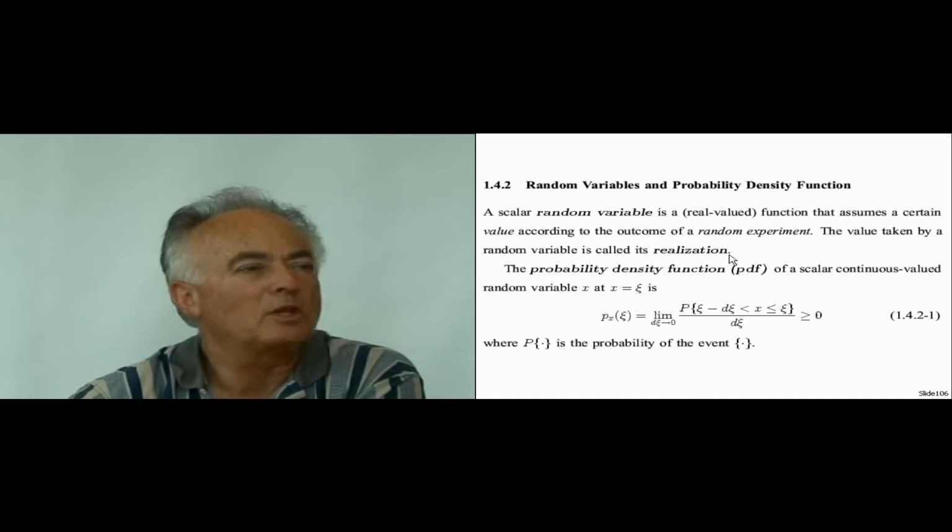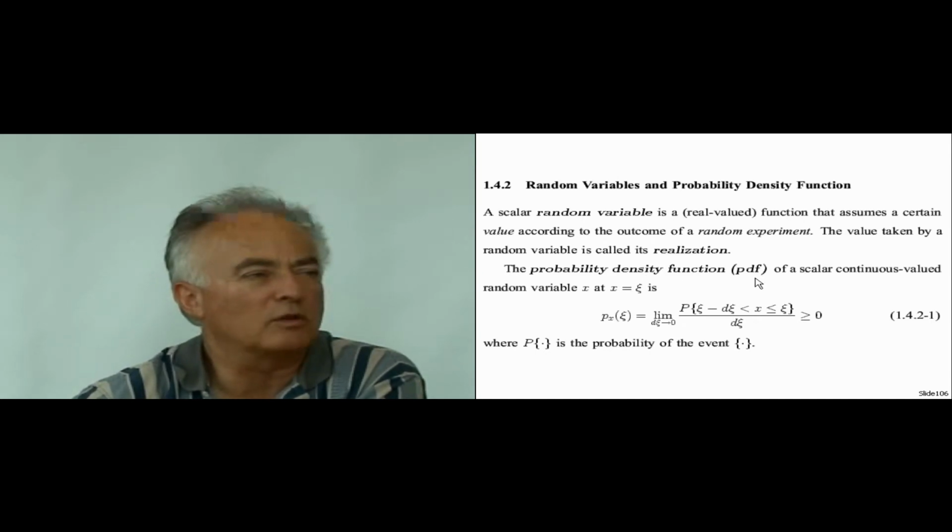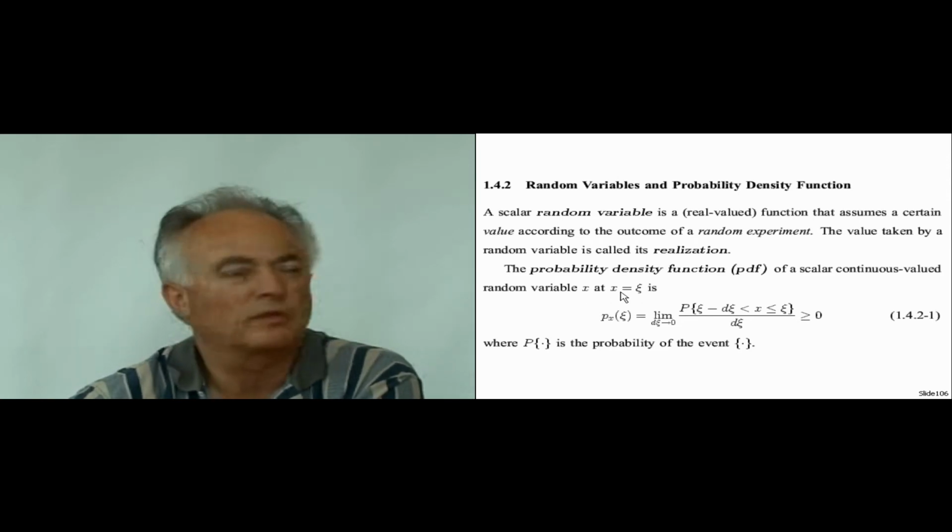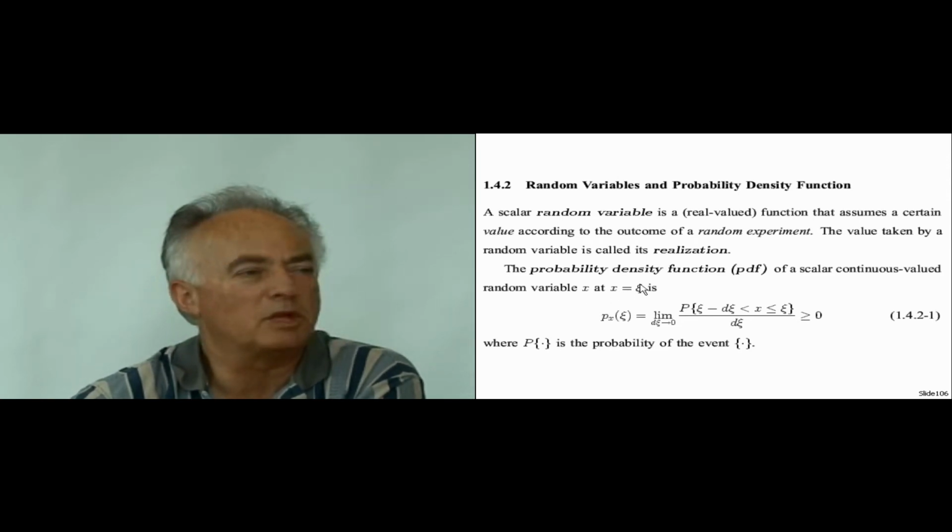The probability density function, PDF, of a scalar continuous valued random variable x at x equals psi. So x is the random variable, psi is the point at which we will evaluate its PDF.